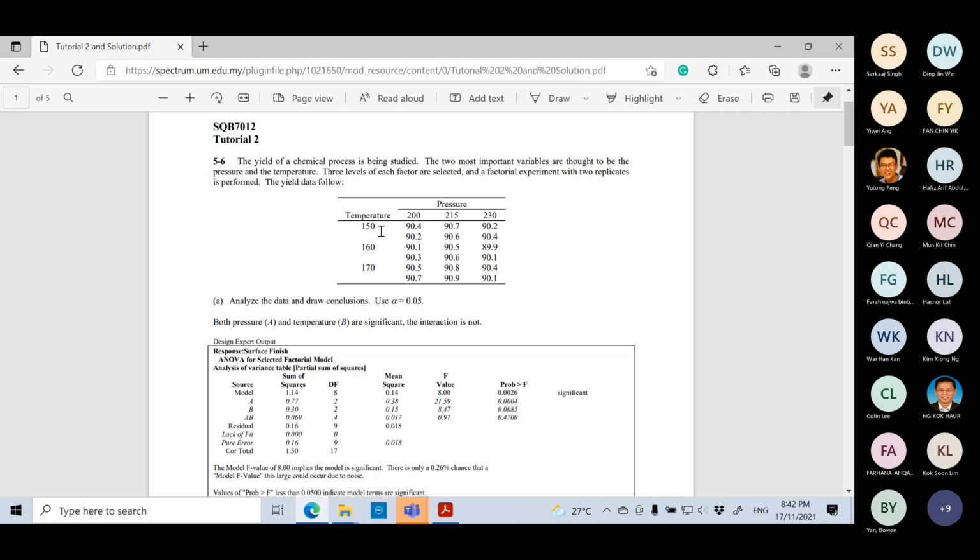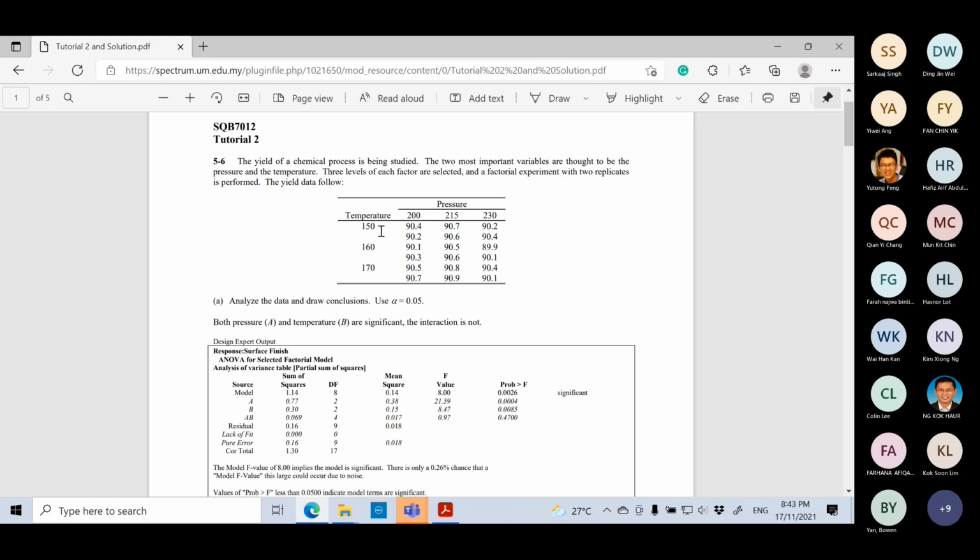As usual, the question asks you to analyze the data. After you obtain the data, of course you need to analyze it. We do not run the experiment ourselves, so we only get the data from the output.